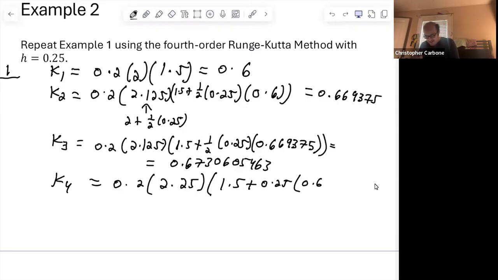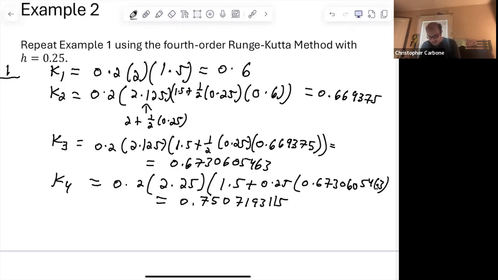It's going to be 0.25 times k sub 3, which is 0.673060546, and that makes 0.7507193115.